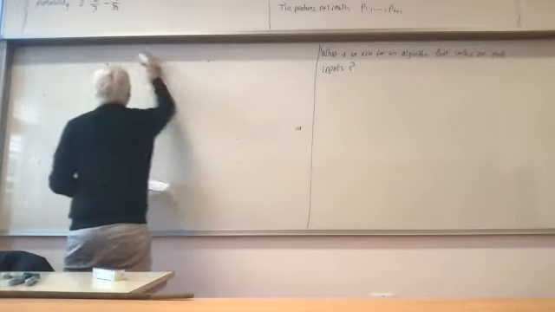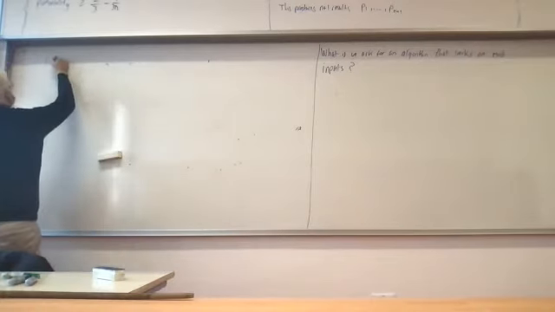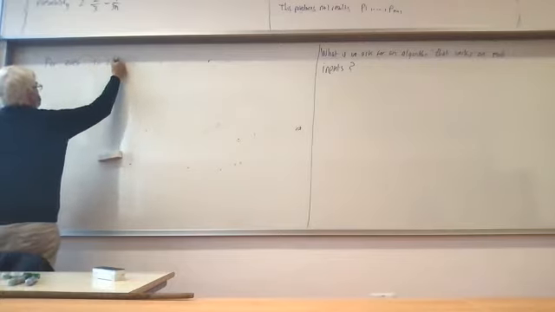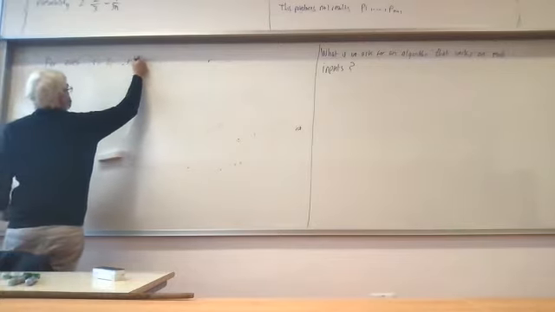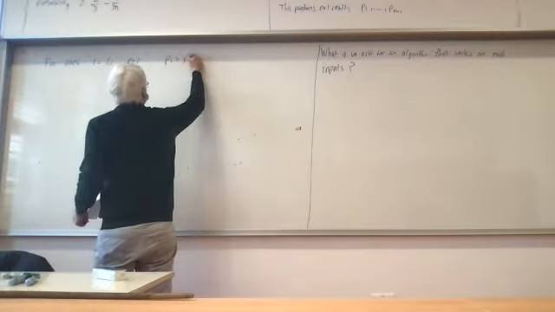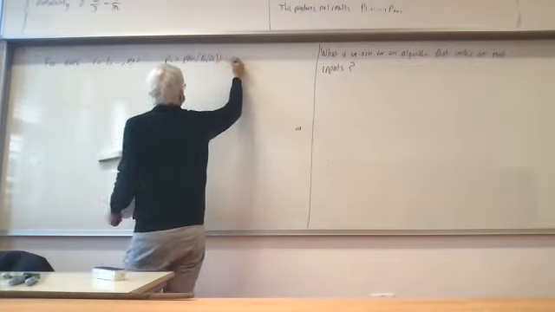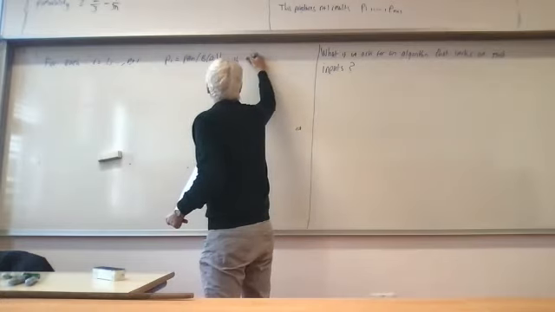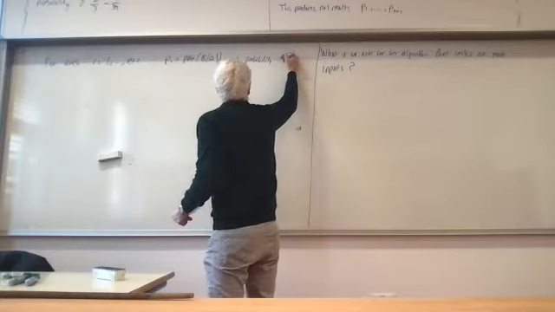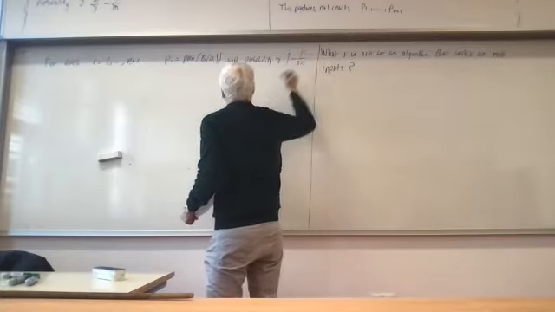So let me write that down. For each of these values ai, so for each i from 1 to n plus 1, Pi equals the permanent of B(ai) with probability greater than or equal to 1 minus 1 over 3n.